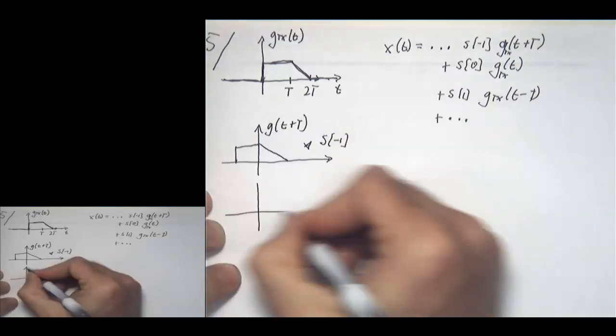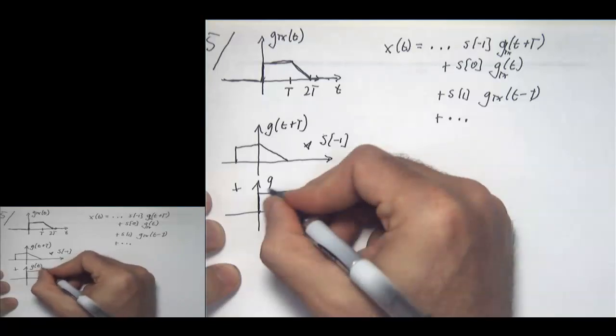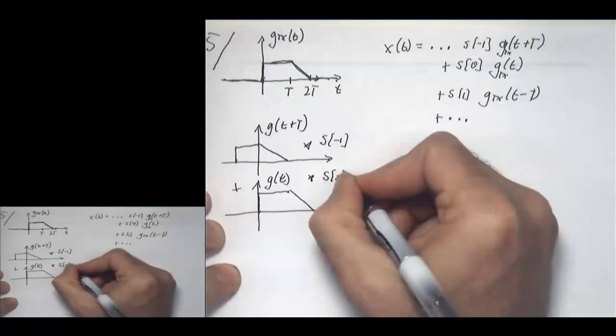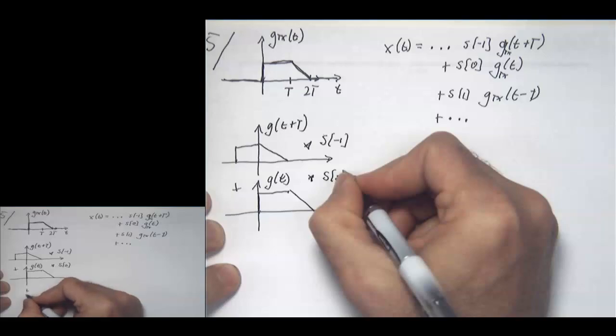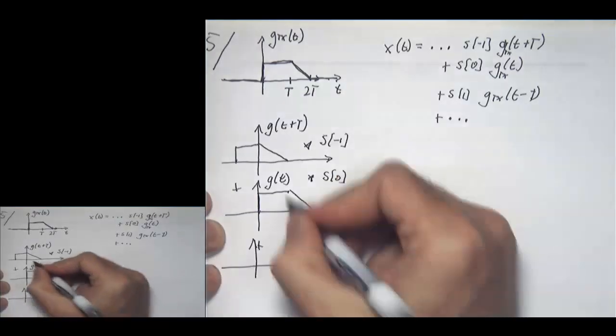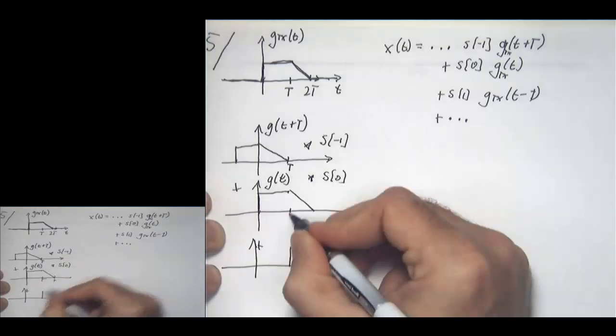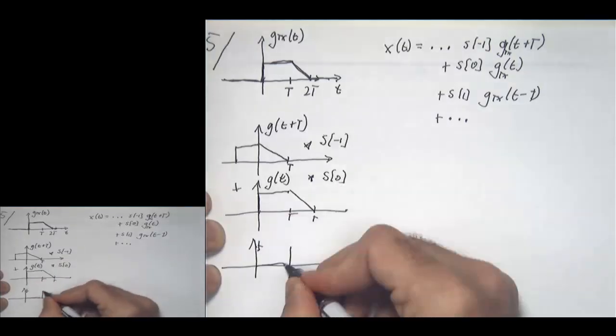And then you're going to add on top of that a pulse g of t that will be multiplied by s of 0. And then you're going to add on top of that a pulse that looks like this here.